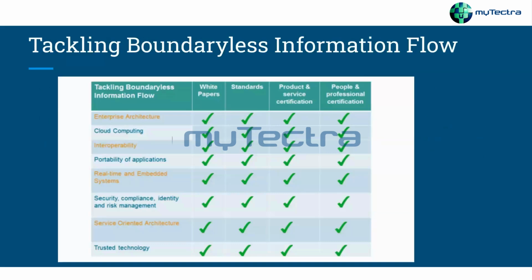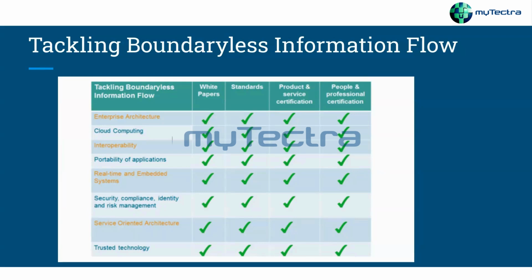So as I said, it's not very easy for us to go and implement something in an enterprise. So they have some methods to tackle this, like how we are going to implement this concept. The Open Group has been working with several areas for this.